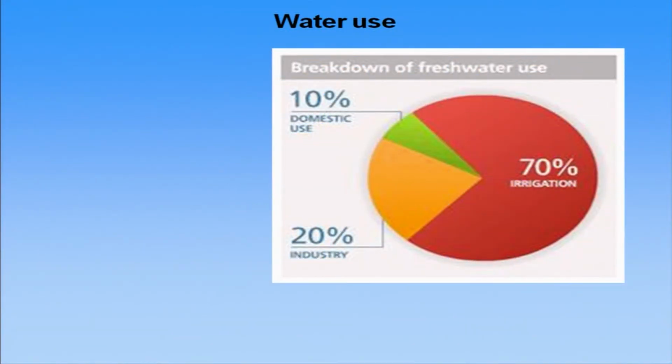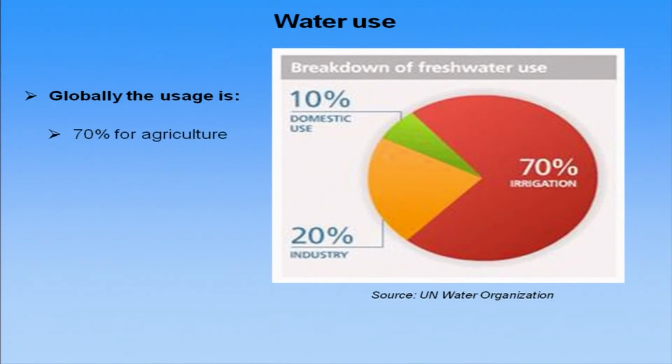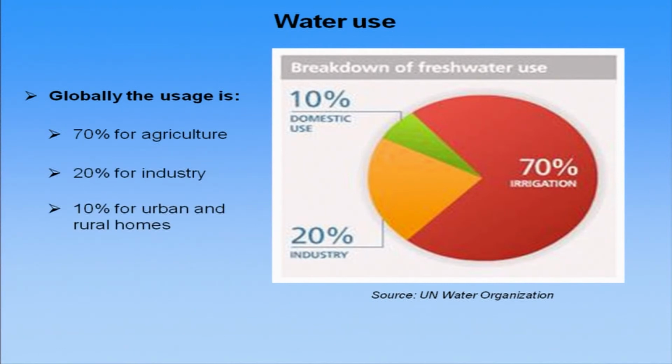Further, if we look at it, the maximum amount of water is used for irrigation, that is 70%. For domestic use, it is hardly 10%, and 20% is by the industry. So global usage of water is 70% irrigation, 20% industry, and 10% for urban and rural homes.